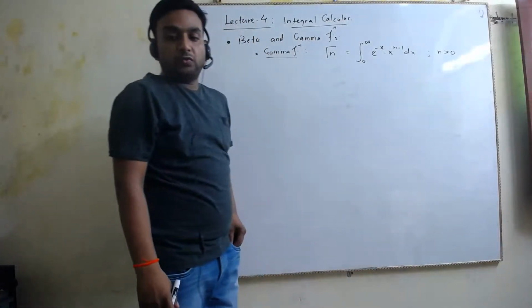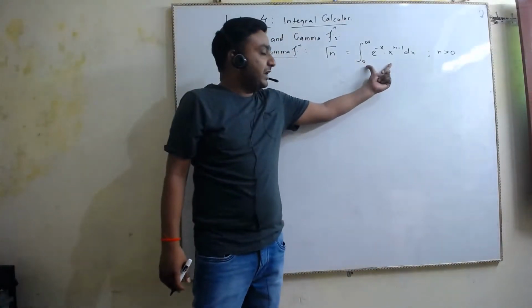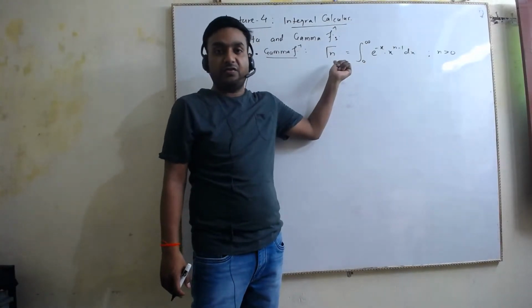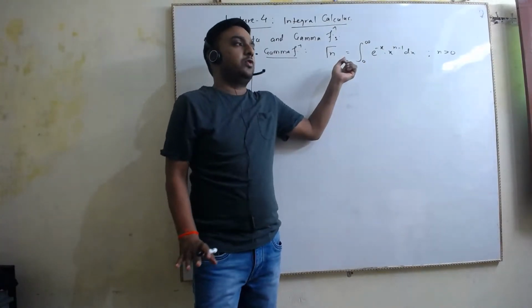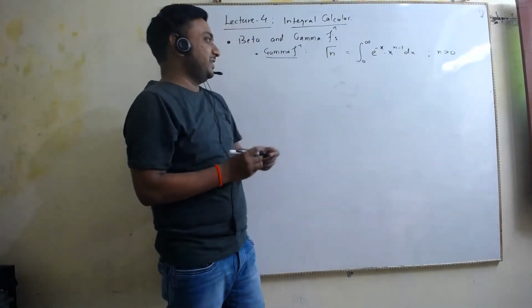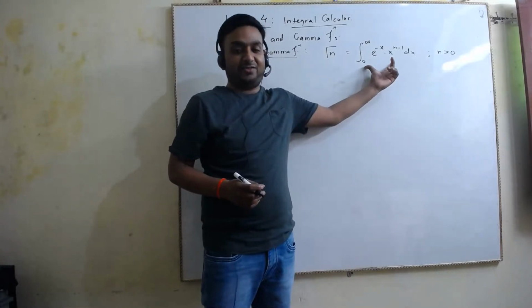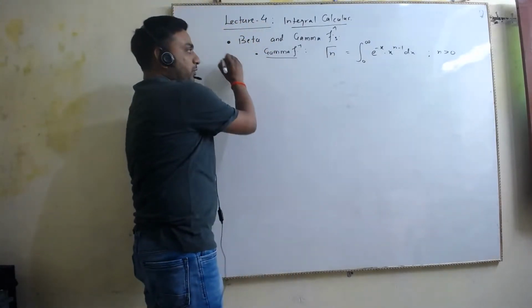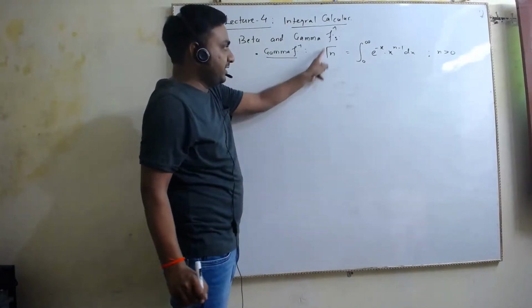So this special integration is known as the gamma function. Don't think that it will be some special kind of thing. Just this kind of special integration. So when I talk about gamma function, it is represented by this symbol.